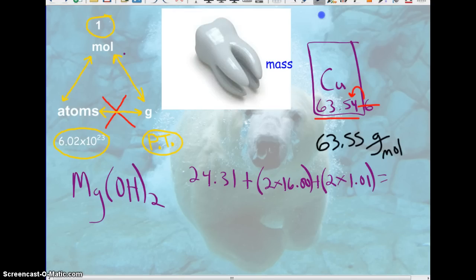Enter that into your calculator. Do it along with me. Make sure you use parentheses. You would get 58.33, which are units, grams per mole.